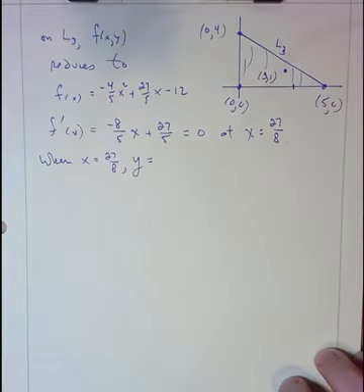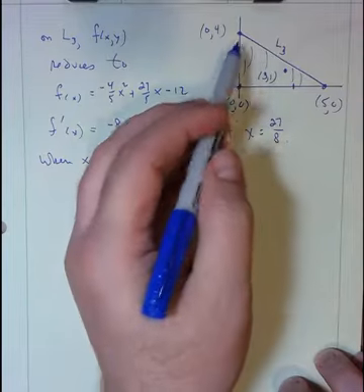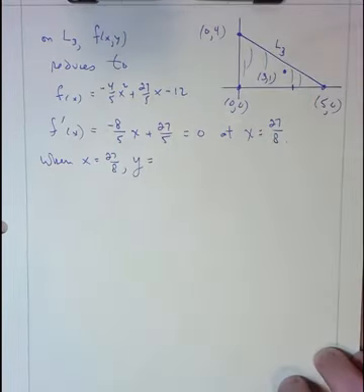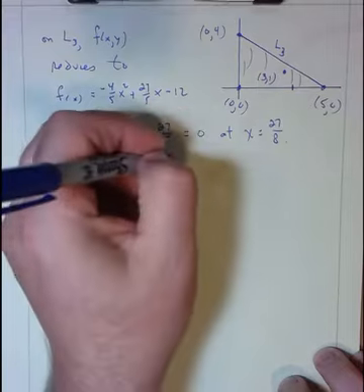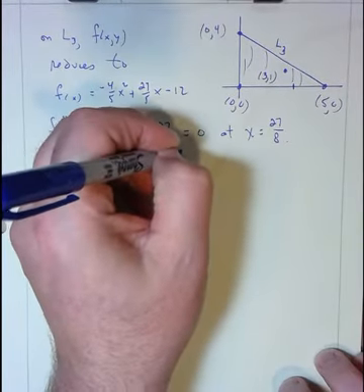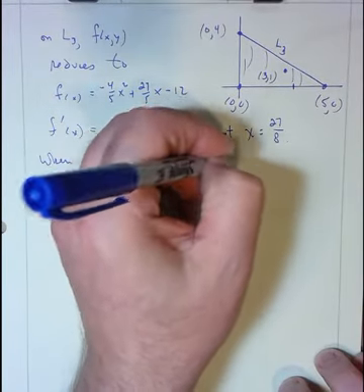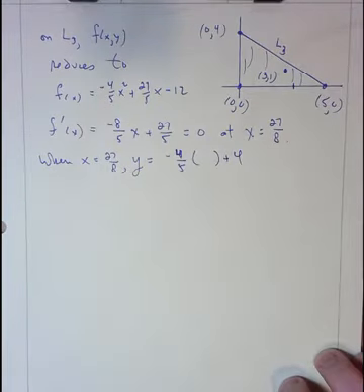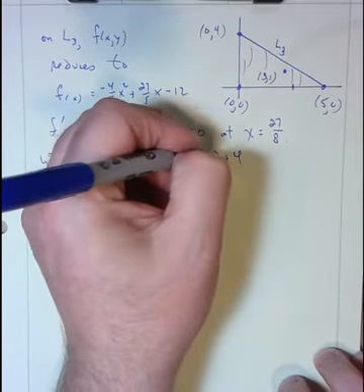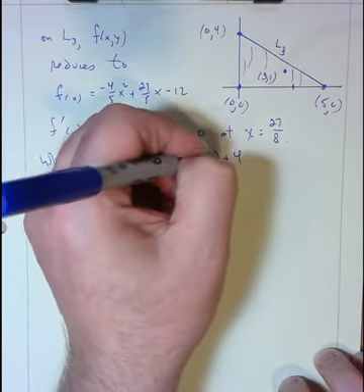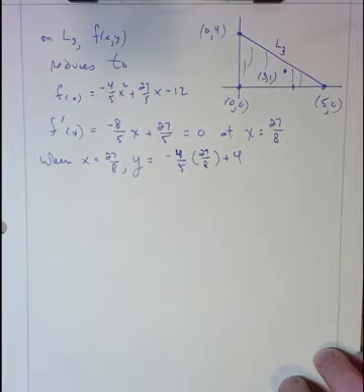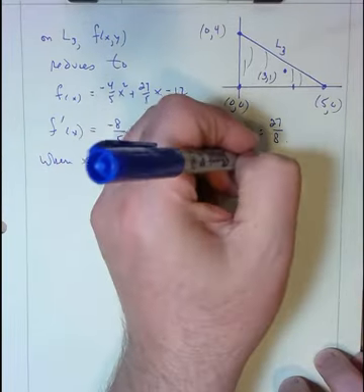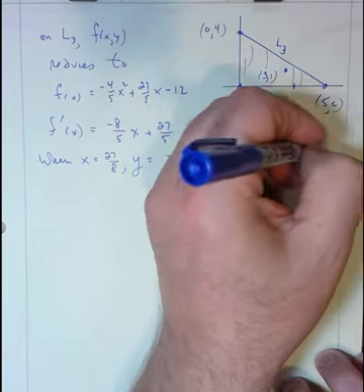Now, here we have to go back to the representation of L3. L3 was the line negative 4/5 x plus 4. Here our x value is 27/8. That's a mess, and again, saving a little time.